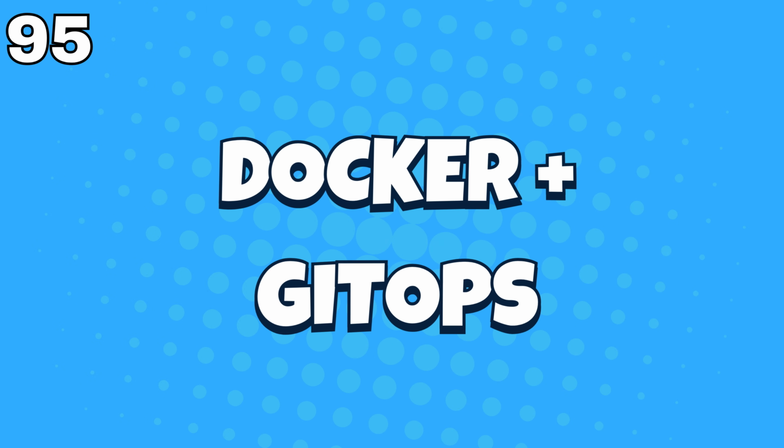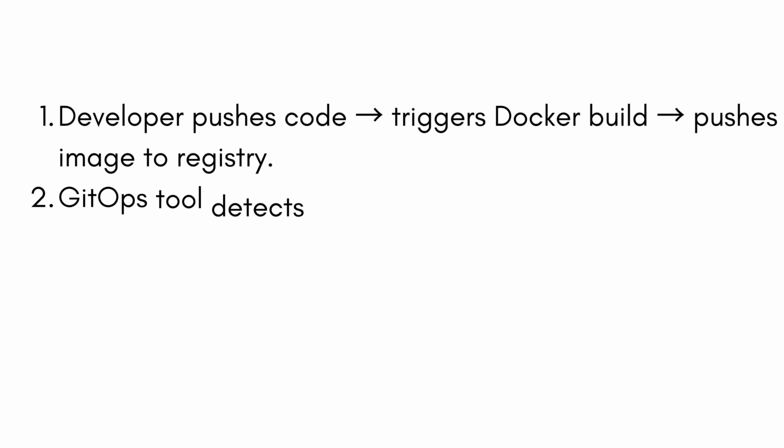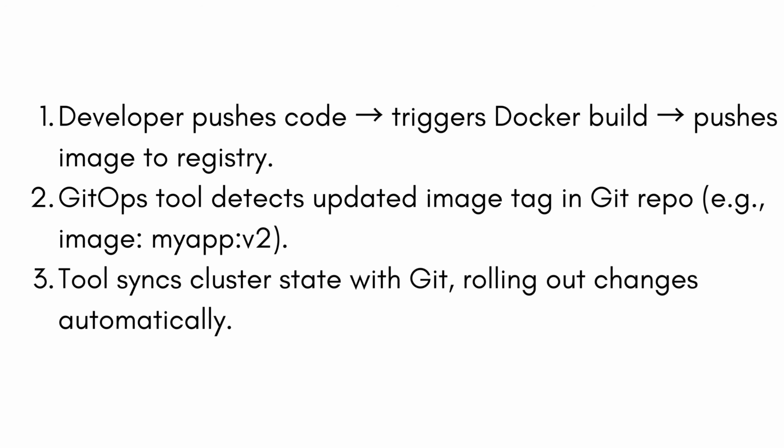Modern DevOps has evolved into GitOps, where Git is your single source of truth for deployments. With Docker images and GitOps tools like FluxCD or ArgoCD, you can automate container rollouts to Kubernetes with zero manual intervention. Here's the workflow. Developer pushes code, then triggers Docker build, then pushes image to registry. GitOps tool detects updated image tag in Git repo.